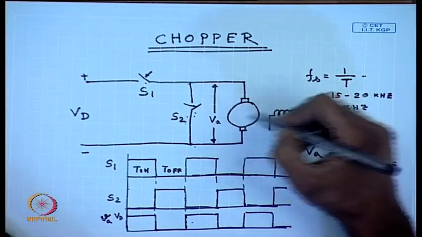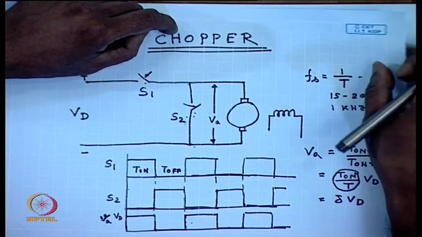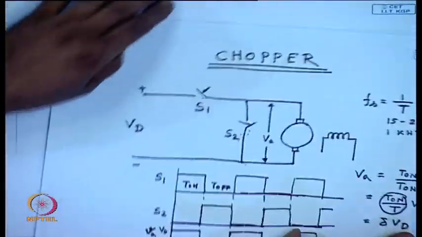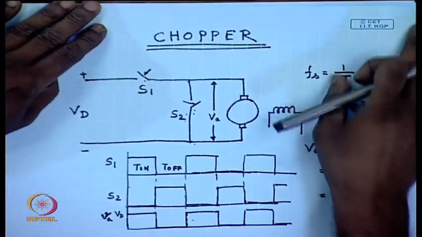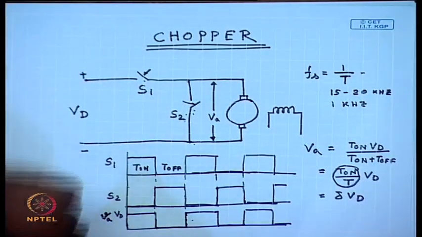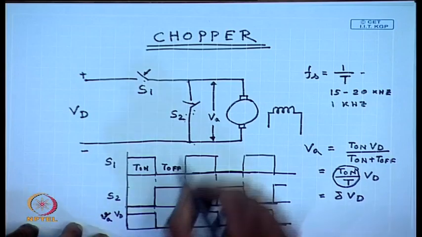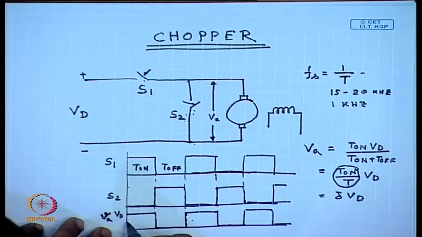Now, the DC motor armature, because it contains winding, also has some amount of inductance. So if we look at the current waveform, even when the applied voltage looks like a pulsed waveform, the current is almost DC.